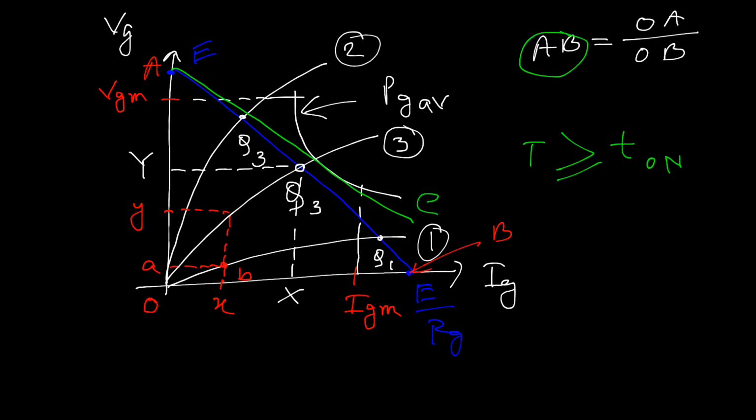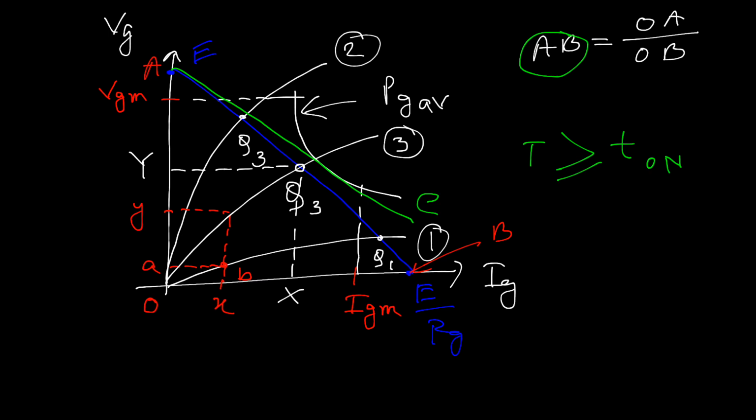Okay? That means if we are applying a triggering pulse T that is less than T on, the internal anode current will not be able to reach IL, the latching current, and then the thyristor might turn off at any instant.